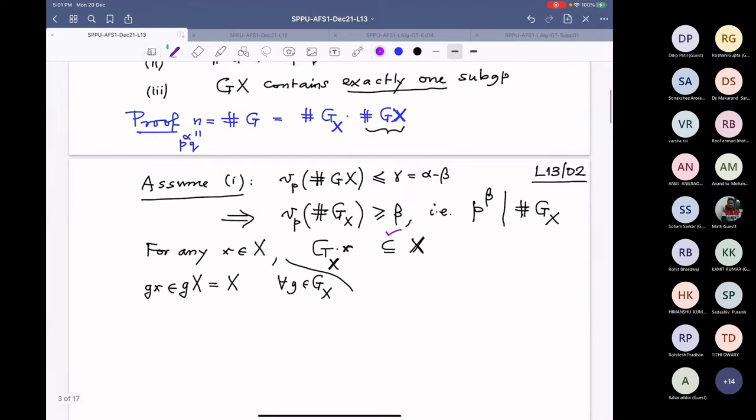Therefore, from this inclusion, what do we get is the following. The cardinality of this G isotropy times x is smaller equal to the cardinality of X, which is equal to P power beta.